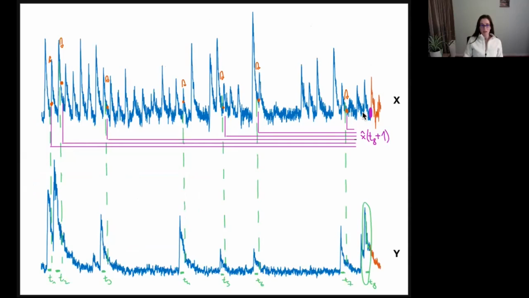So we first look at what happened in Y right before T8 and look for that pattern in the past of Y, which gives us time instances, these TIs. Then we go back to X and make an estimate of X at T8 plus 1 by averaging TI plus 1s with some weights that are determined by how similar the corresponding patterns in Y were to the original pattern.